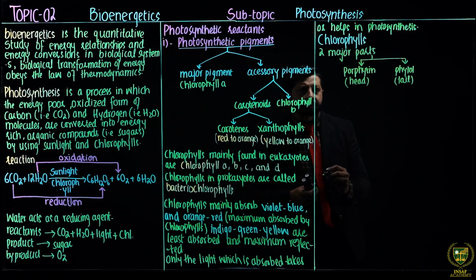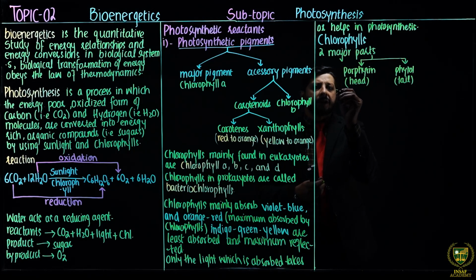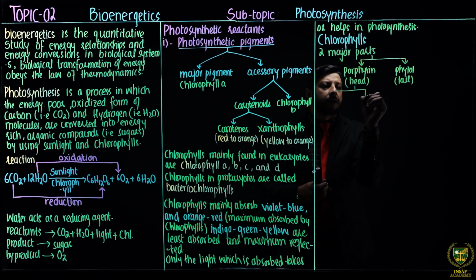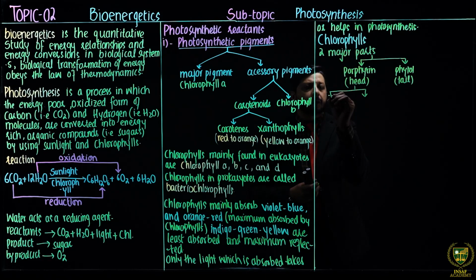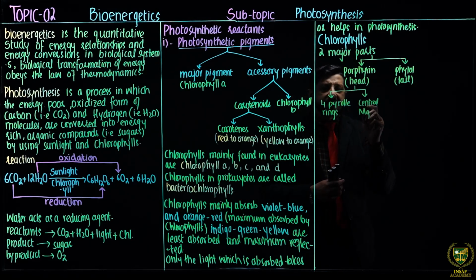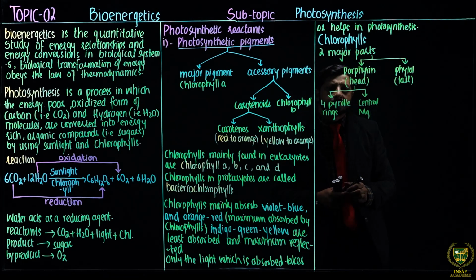And the porphyrin head consists of four pyrrole rings, and the central atom is magnesium. Clear?